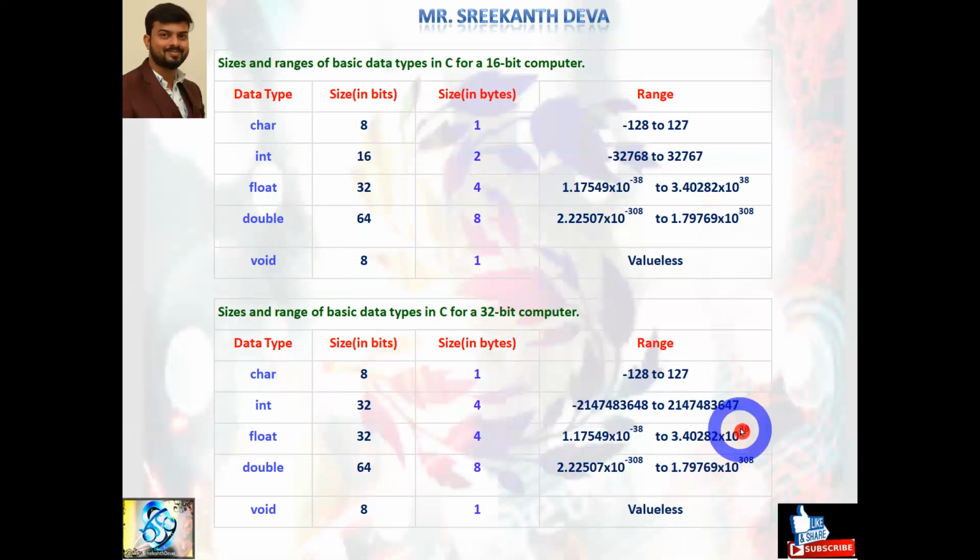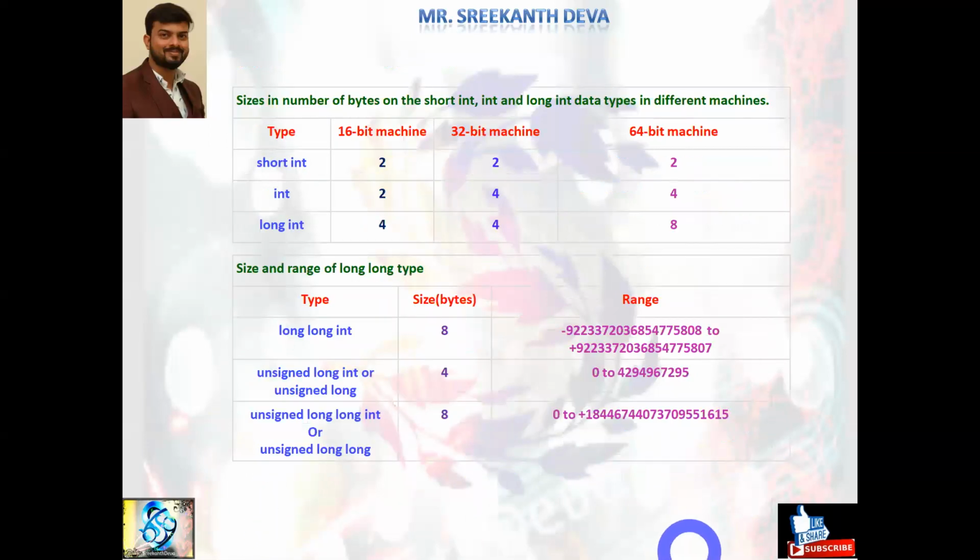So this is the size. The range is going to be minus 2147483648 to 2147483647. Float represents 32 bits, occupies 4 bytes of memory, same. Double also occupies 64 bits, 8 bytes of memory, same. The range is also the same. Void is also the same. That is the difference between 16-bit and 32-bit machines.